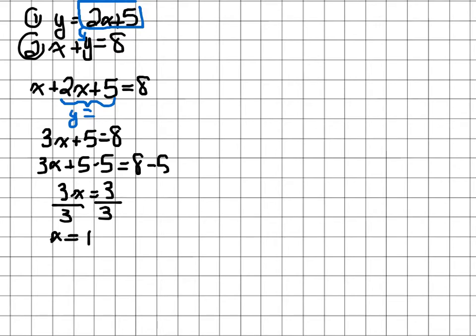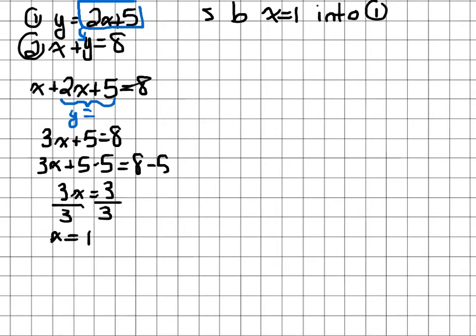So I now know the x-coordinate of this point of intersection. I just don't know what the y-coordinate is. So what I can do is take this coordinate and substitute it in for x in either one of these equations, it doesn't matter, and solve for y. So I'm going to choose equation 1, x equals 1 into equation 1.